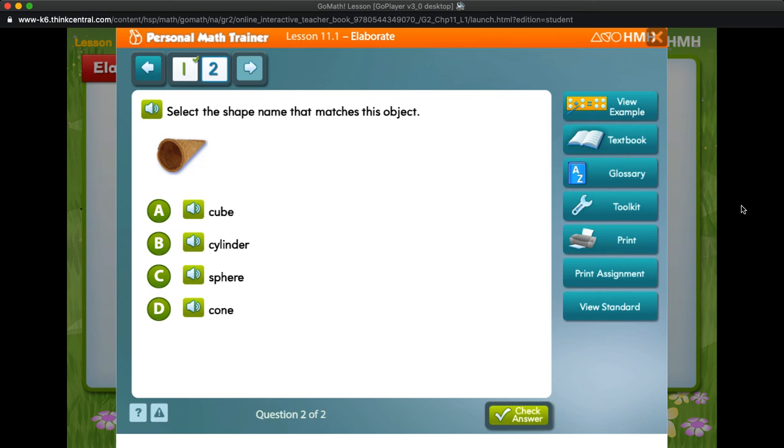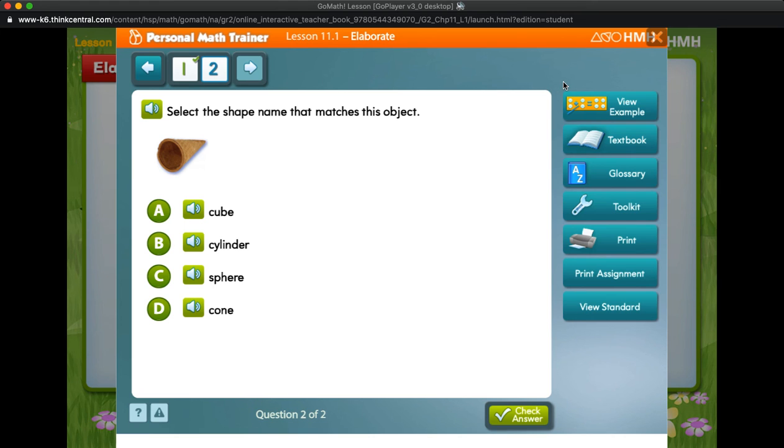And then this one says select the shape name that matches this object. So if we look at this object really closely, you can see that it is an ice cream cone. And this one's actually very easy because ice cream cone has the name of its shape in it. Okay, but let's pretend that it didn't for a second.